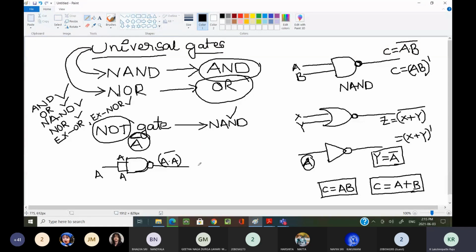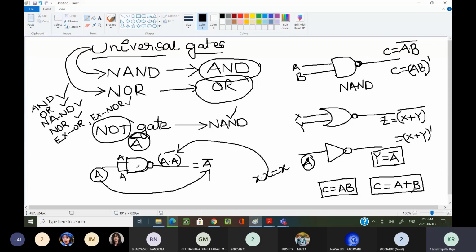Now we know our Boolean algebra rules: X dot X, the AND law, X dot X equals X. Applying this law here, A dot A becomes A, and the whole bar remains. Whatever input A I am giving is now complemented.